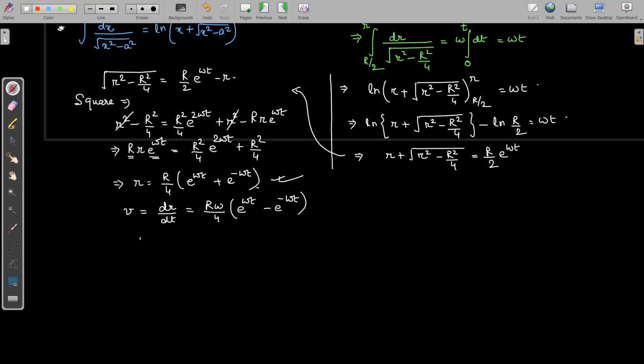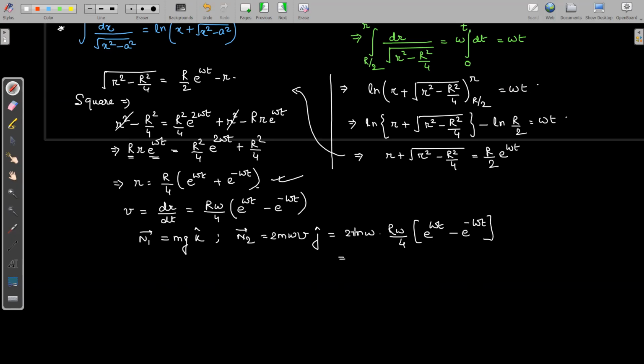So what is the value of normal forces? N1 vector, which was simply mg and the direction was k cap. And the value of reaction force N2 was 2m omega v and the direction of this was j cap. Now if you substitute the value of v over here, 2m omega times R omega by 4 into (e power omega t minus e power minus omega t).